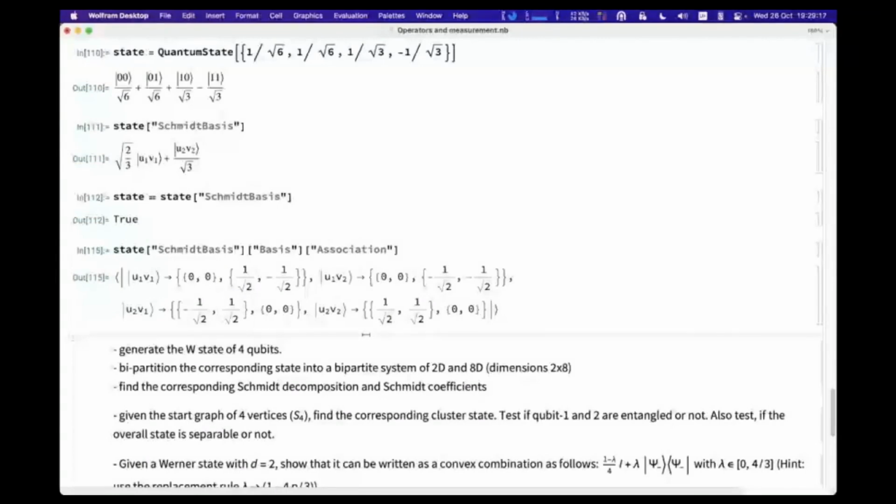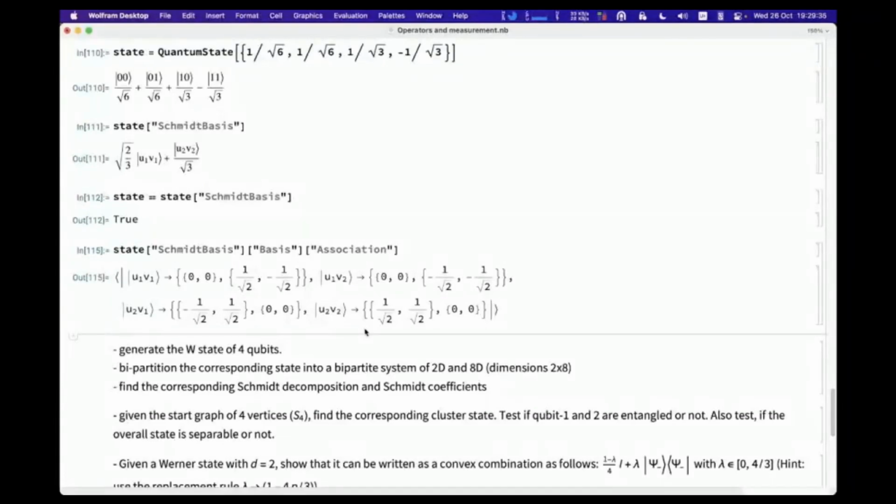And in this new basis, you have that very particular form, which is a summation of u_i, v_i, summed over all of them. So that's basically the idea of Schmidt decomposition.